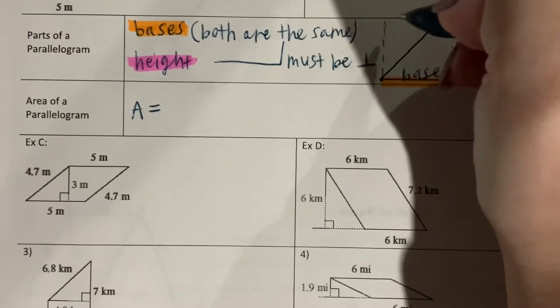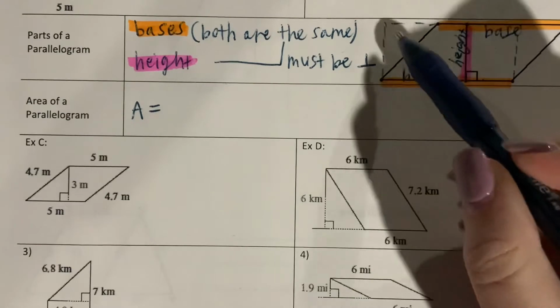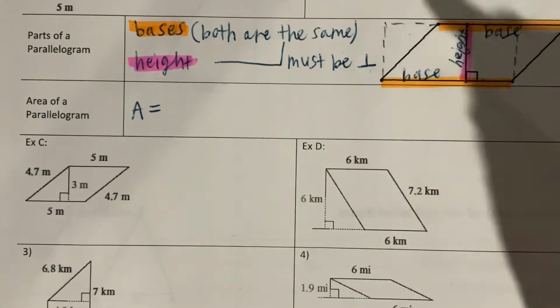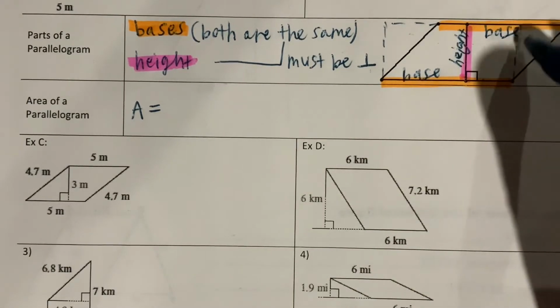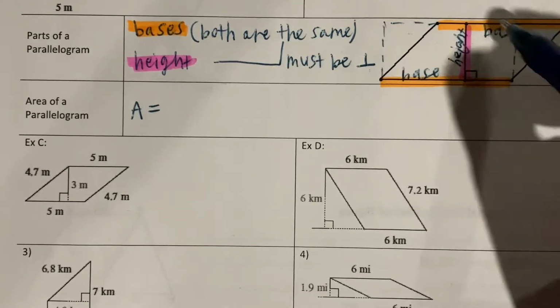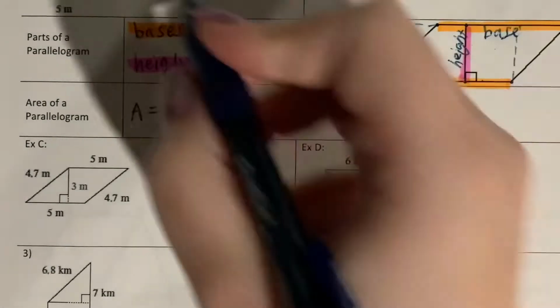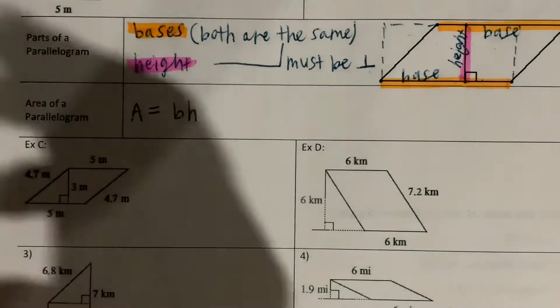So I'm going to use some little dashed lines here to show you. Here would be a rectangle if we did base times height. And if we took this little piece here of the parallelogram and moved it over here, we would again have a rectangle. So a parallelogram uses the same area formula, base times height, as a rectangle does.